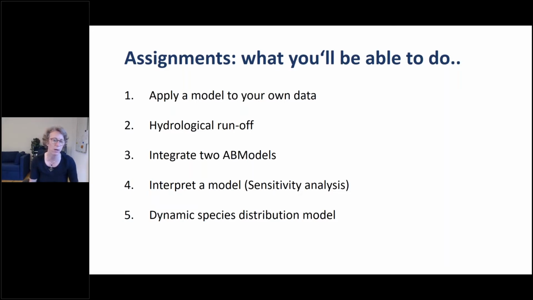Then we are moving on to agent-based models, integrating 2 of these, so that you take, like Lego blocks that are already out there, combine them and make something new out of it. Then there is a method in interpreting a model, which is called sensitivity analysis, very important in simulation analysis.